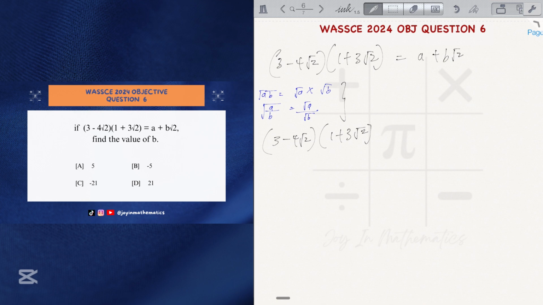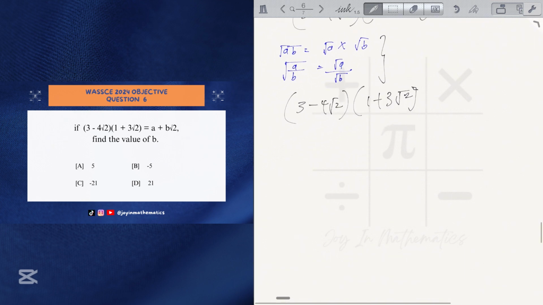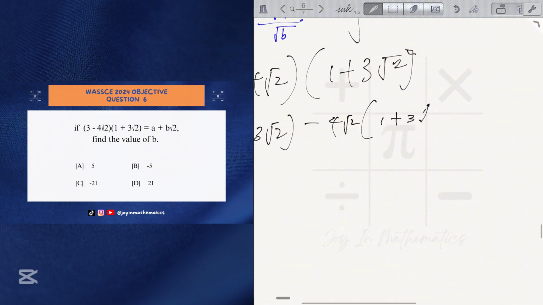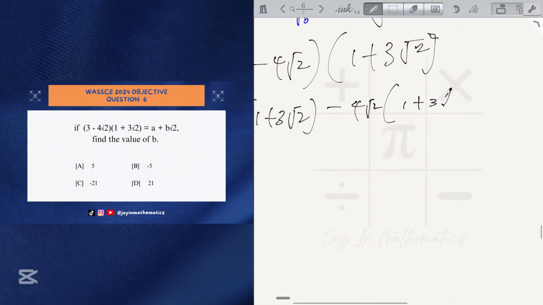To simplify this, we multiply, opening the bracket. So this will result into 3 into 1 plus 3 root 2, then minus 4 root 2 into 1 plus 3 root 2.